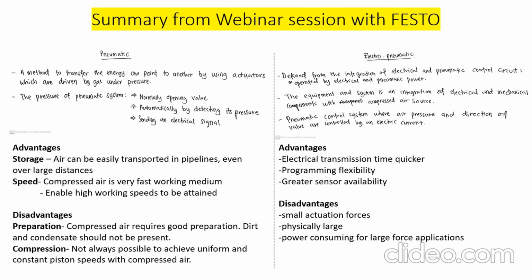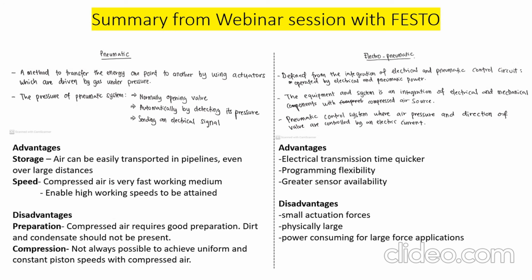Next, I will present the summary from the webinar session with Festo. There are two sessions: session 1 is pneumatic and session 2 is electro-pneumatic. So in pneumatic, what is pneumatic?